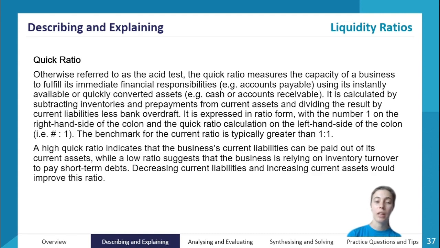It's calculated by subtracting inventories and prepayments from current assets and dividing the result by current liabilities less any bank overdraft. You're not always going to have a bank overdraft, but if there is one, it's important to subtract that as part of your calculation.